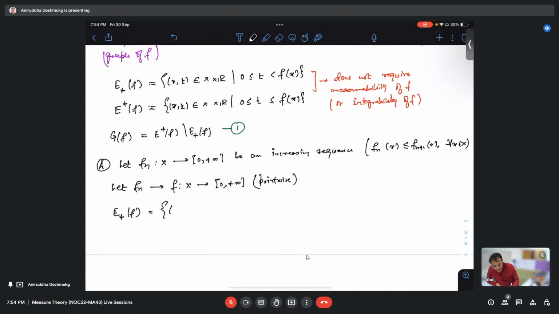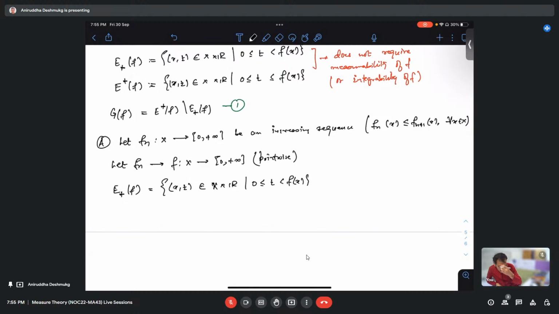That means look at all those (x, t) in X cross R such that 0 is less than or equal to t is less than f of x. This is strictly less than, remember. So let us start with some (x, t) in E lower star f.